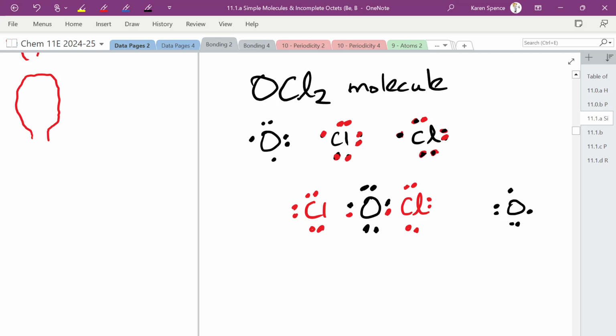And we could replace those bonding electrons with lines. And there we are.